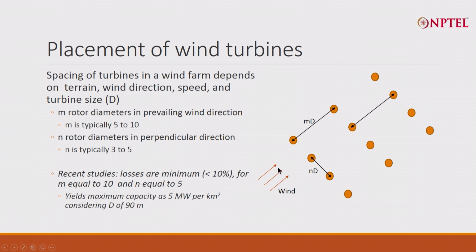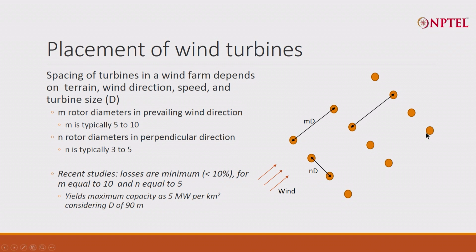Now, what should be the value of m and n? M can be typically 5 to 10 to not impact the power, and n can be 3 to 5. Recent study shows the losses are minimum, less than 10%, if m is equal to 10 and n equal to 5, which yields a maximum capacity of 5 megawatt per square kilometer, considering d to be 90.